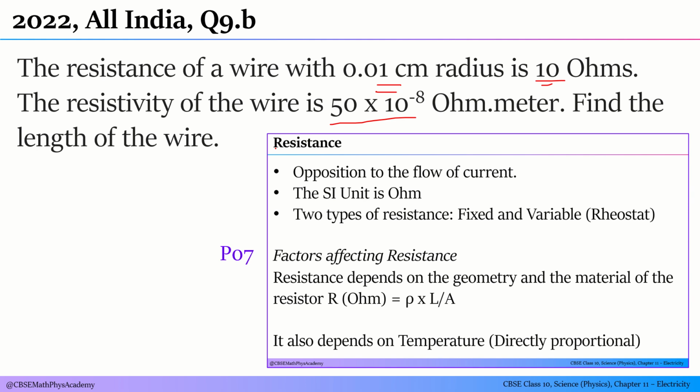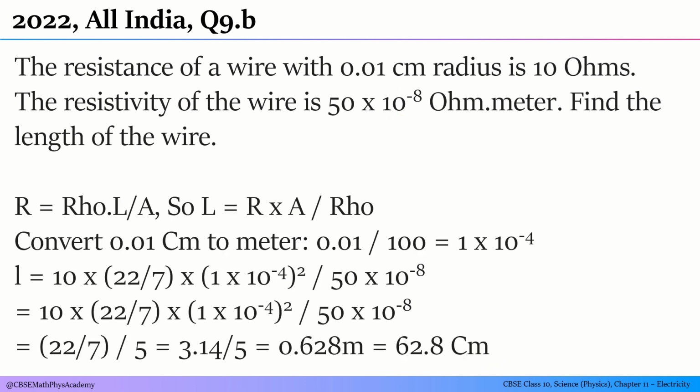This again we have discussed in detail in the part 7 video. This is the formula you are supposed to use now: resistance R is equal to rho into L by A. They have given all values, but you are required to find L. So since I need to find L, I rearrange the equation to make it L is equal to R into A by rho.